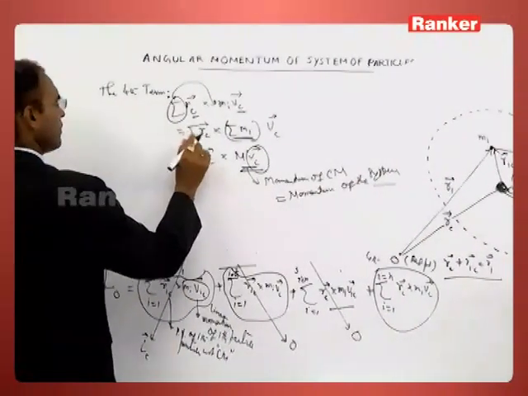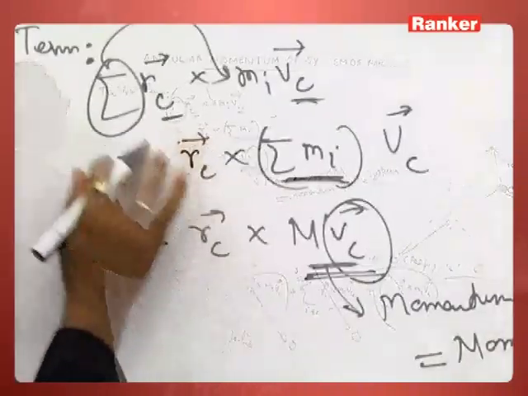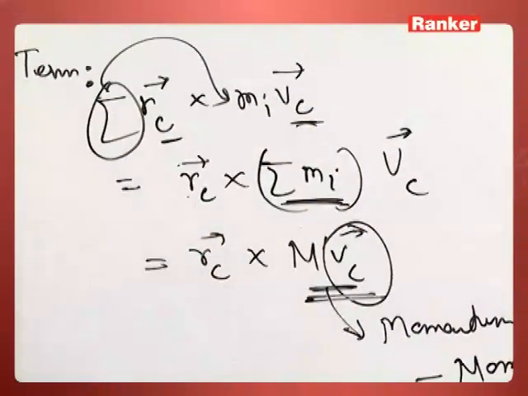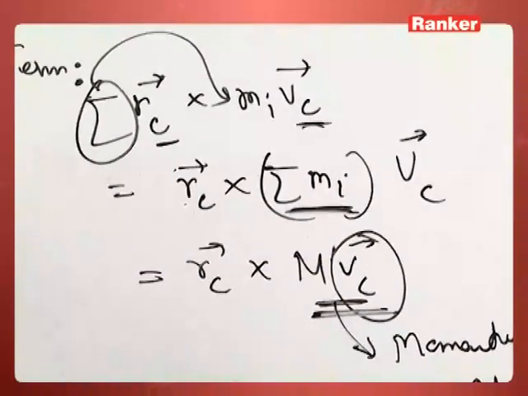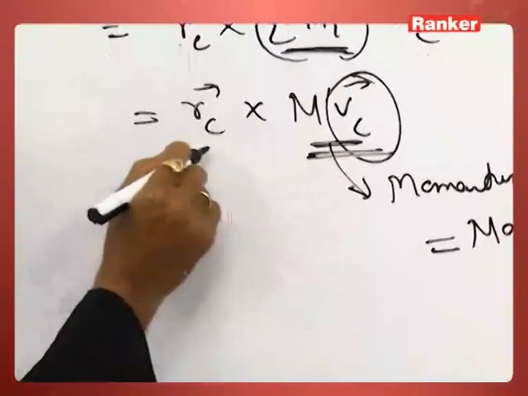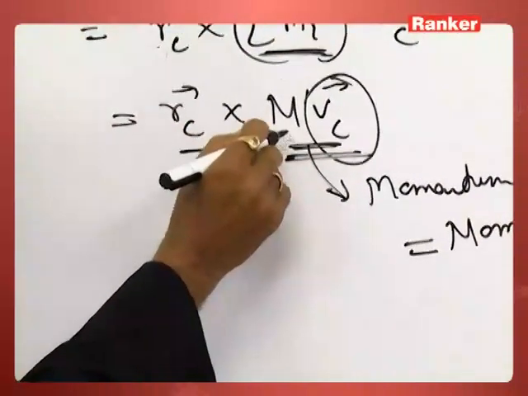The summation sign we need not put, because already you have put the summation and you obtain the total mass of the system as capital M. So the fourth term signifies R_C cross M V_C.